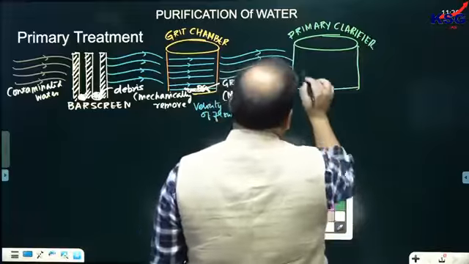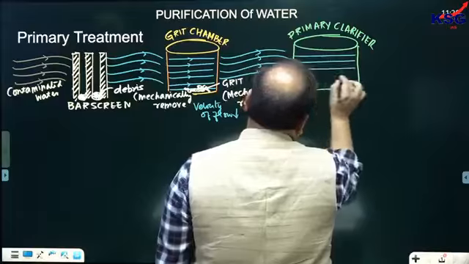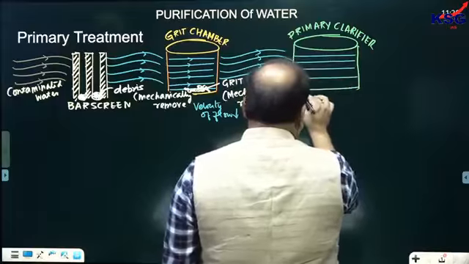In this case, the water which is directed through the primary clarifier would be made motionless.